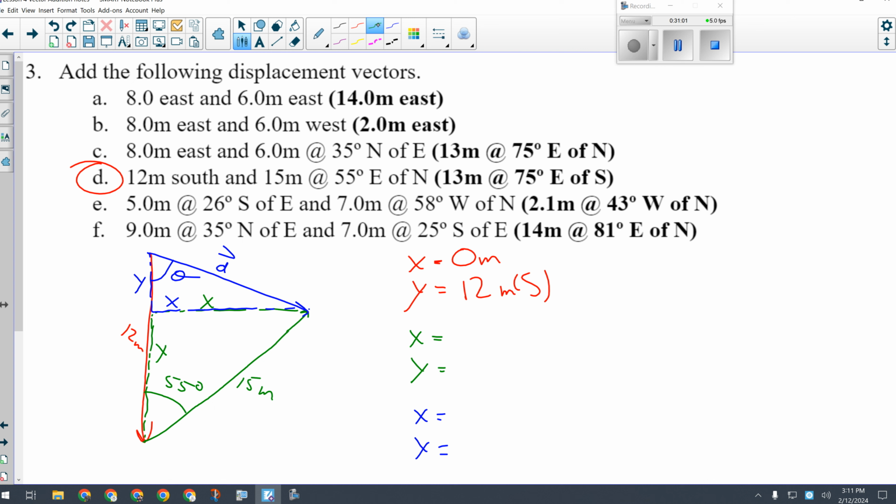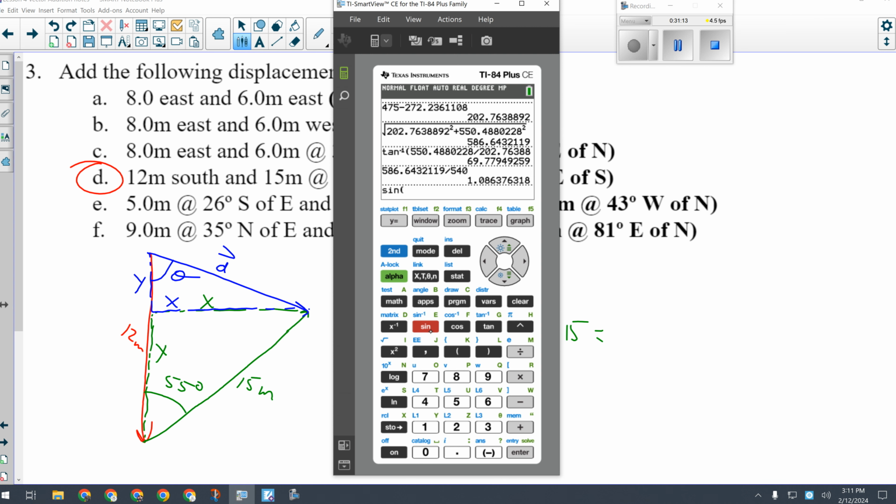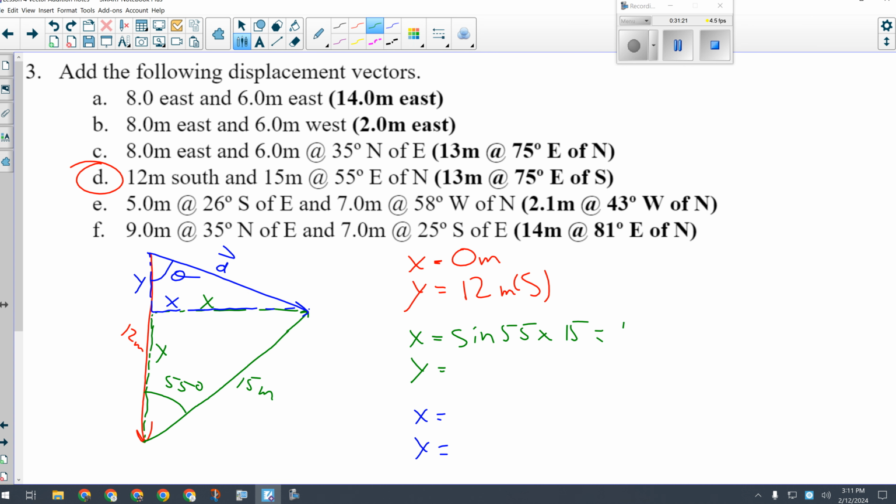That's it. For the green triangle, we do have trigonometry to do. Looking at the X component, it is opposite the 55-degree angle, so that'll be the sine of 55 times 15 meters. All right, so we're looking at 12.29 meters, and that is east.